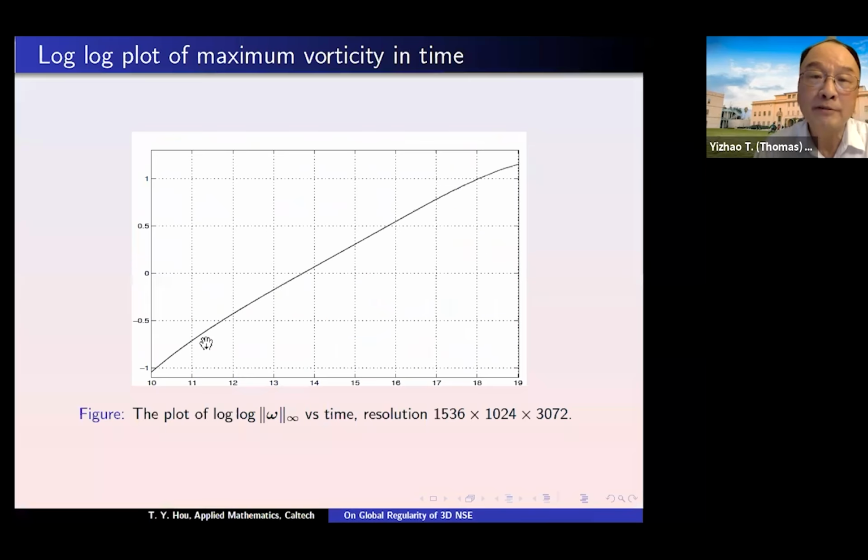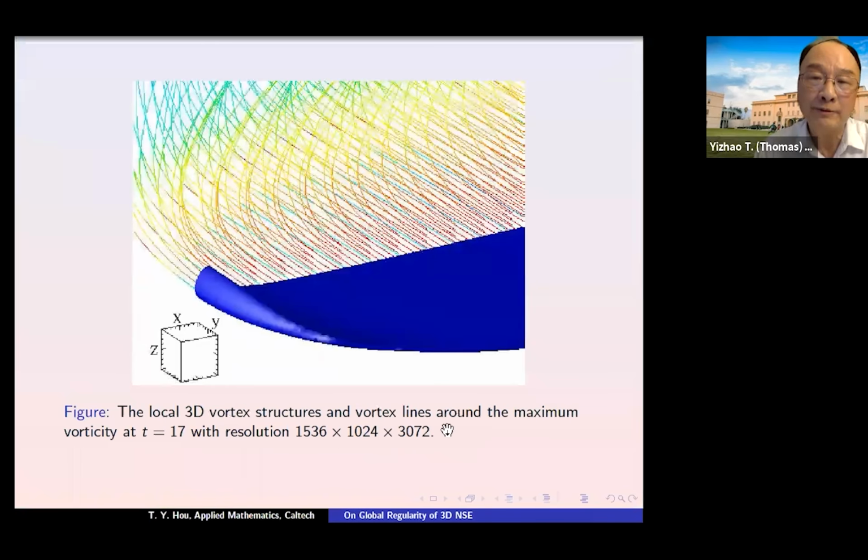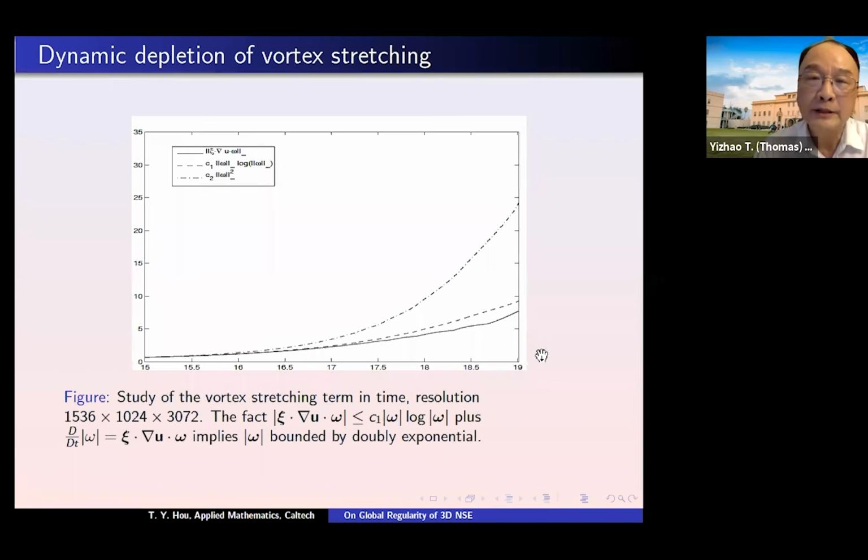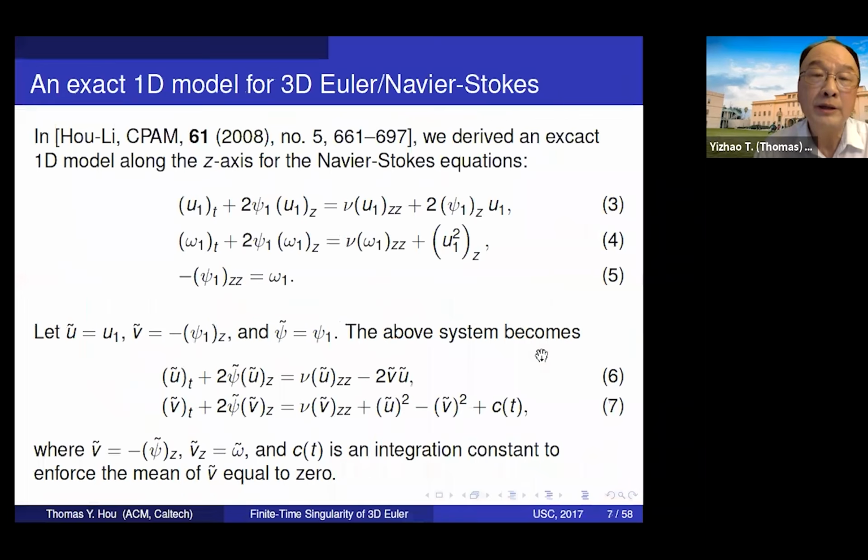Assuming that the blow up is locally flat, the z direction is more singular than the radial direction. So then we derive a one-dimensional model. You can derive a closed model for this axisymmetric 3D Navier-Stokes equation by dropping the r derivative. Turns out that this equation is closed.